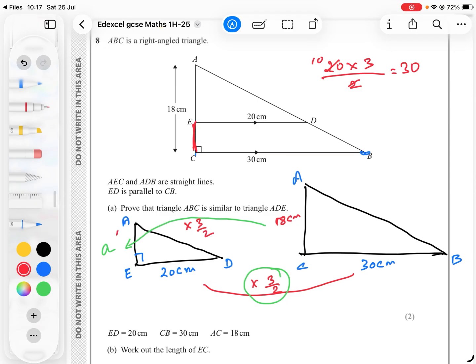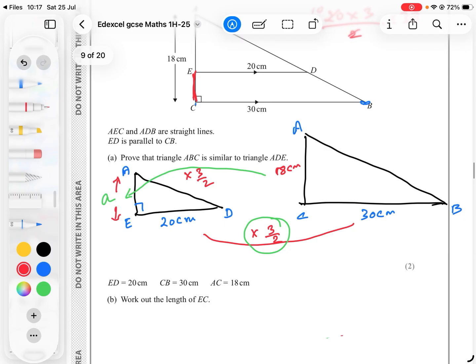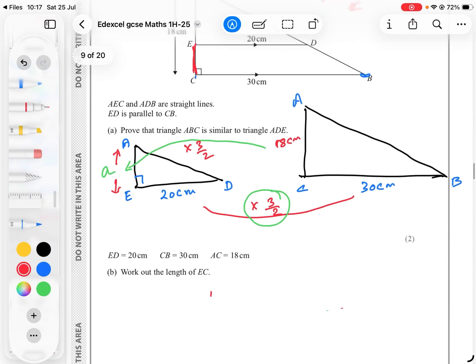Small length AE: because both are similar triangles, we have already proved that the small and big triangles are similar. So you can use the scale factor 3/2 to work out length AE. So A times 3/2 equals 18.